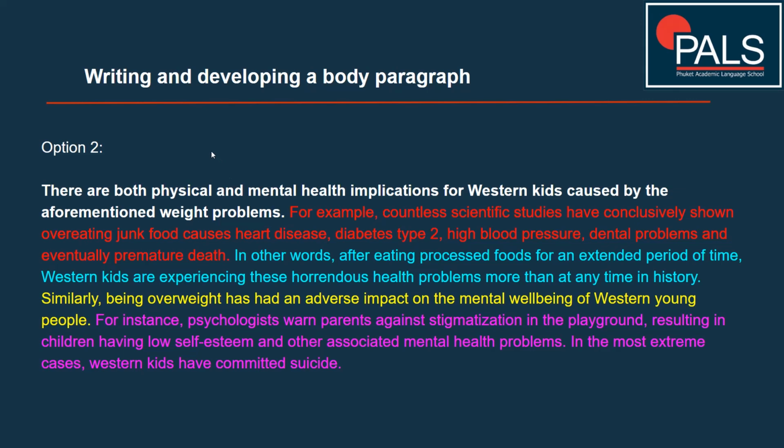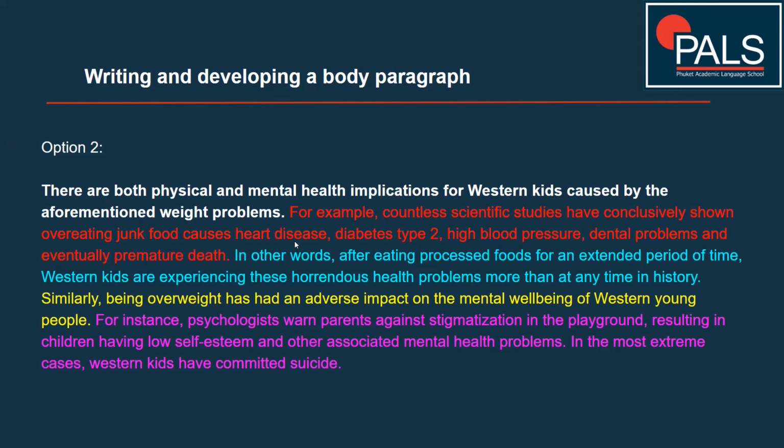Let's have a read. There are both physical and mental health implications for Western kids caused by the aforementioned weight problems. For example, countless scientific studies have conclusively shown overeating junk food causes heart disease, diabetes type 2, high blood pressure, dental problems, and eventually premature death.